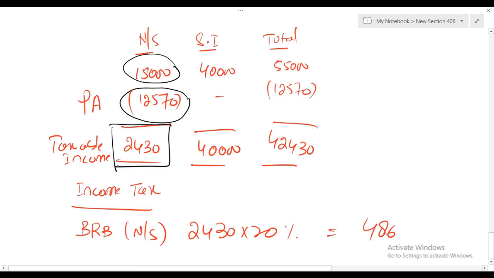First, I'm just telling you when you need to think about the starting rate band; how I'm going to use it, I'll tell you in a while. But right now, let me repeat: whenever the taxable amount in the column of non-saving income is less than 5,000, only in that situation does the starting rate band concept come into action.